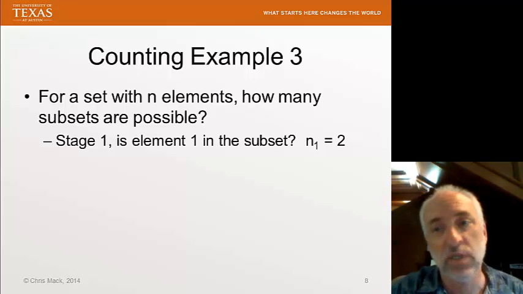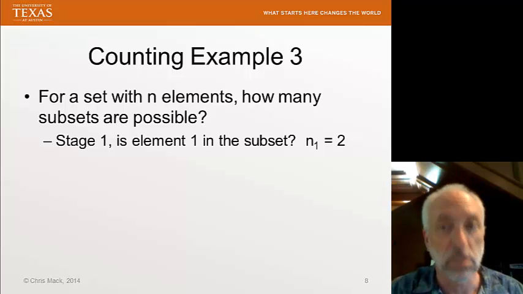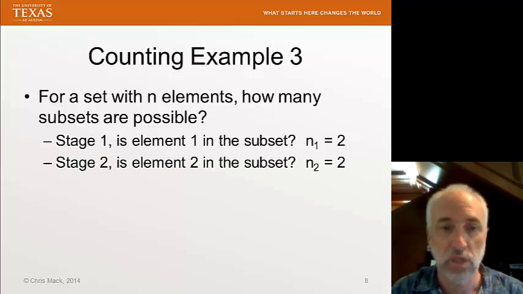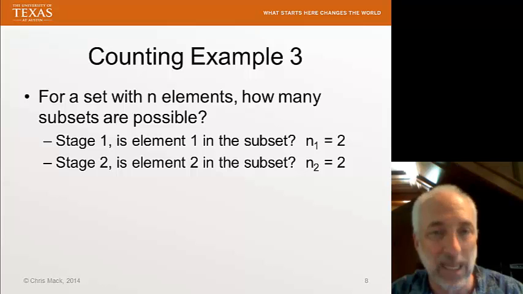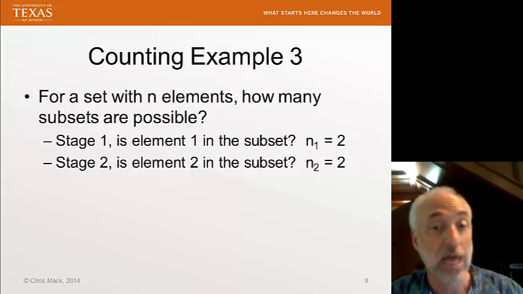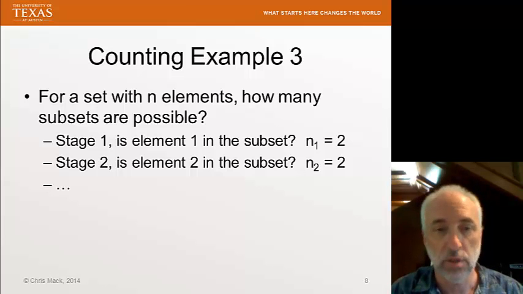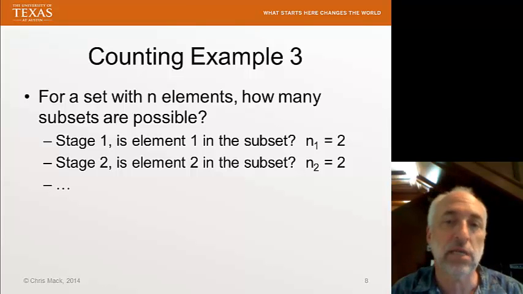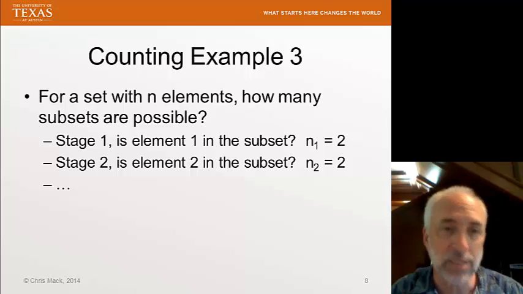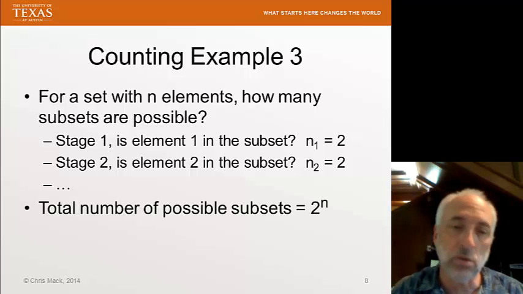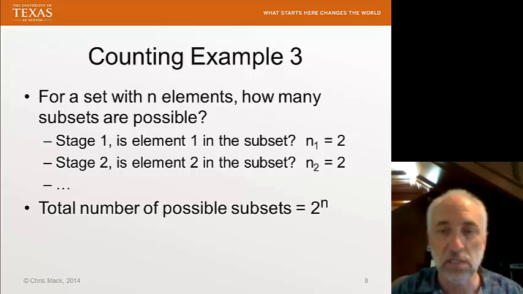There's only 2 possibilities, yes or no. So the number of options, 2. I go to the second element in the set and ask, have I picked this one for the subset, yes or no? So again, there's only 2 options. I do that for every single element of the n elements of my set, and the total number of possible subsets is 2 to the n.